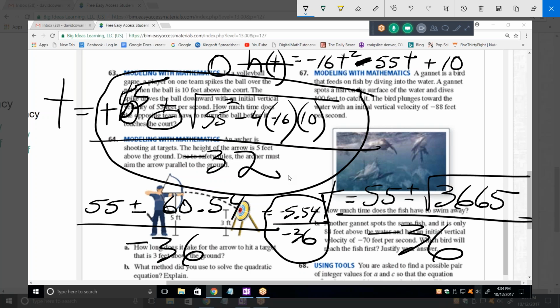And we would expect it to be less than 1 second, right? I mean, she's spiking it at 55 feet per second. It's not going to take very many seconds to hit the floor. And that's about a fifth of a second or a sixth of a second. So that answer makes a lot of sense also.